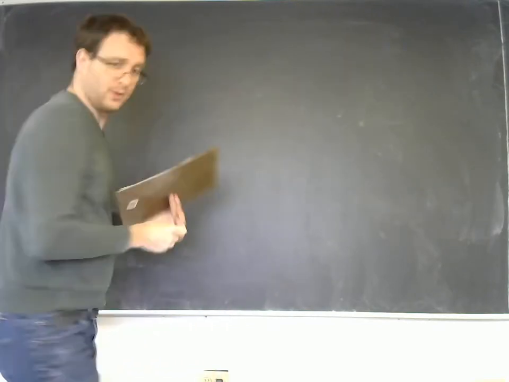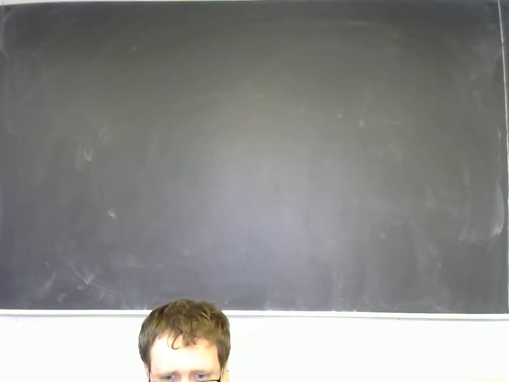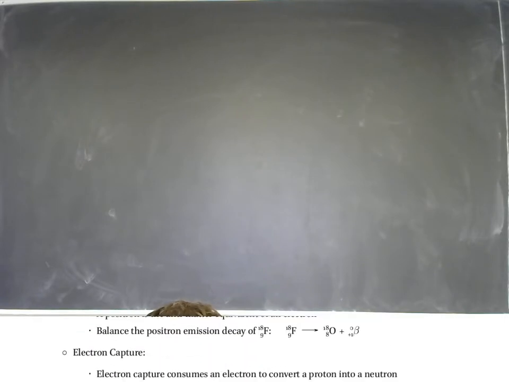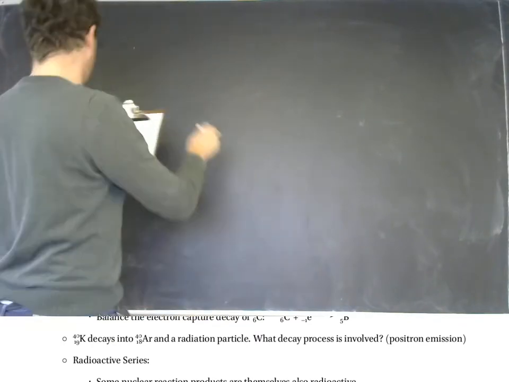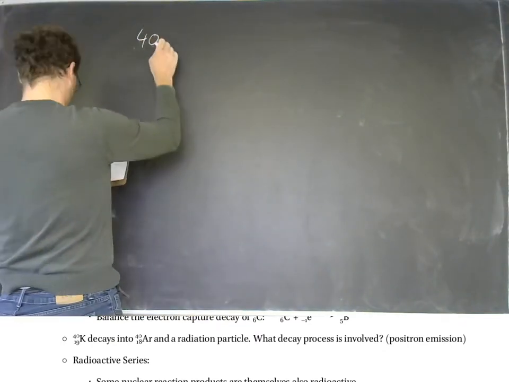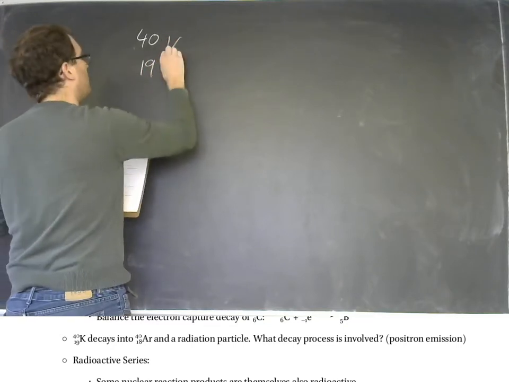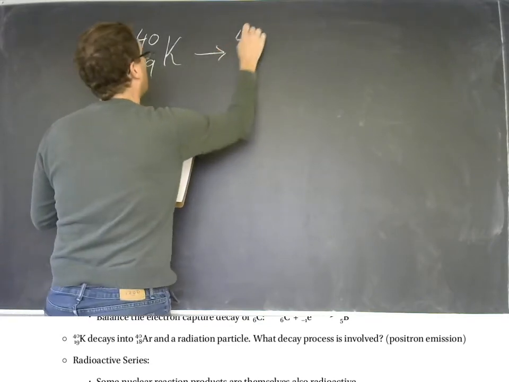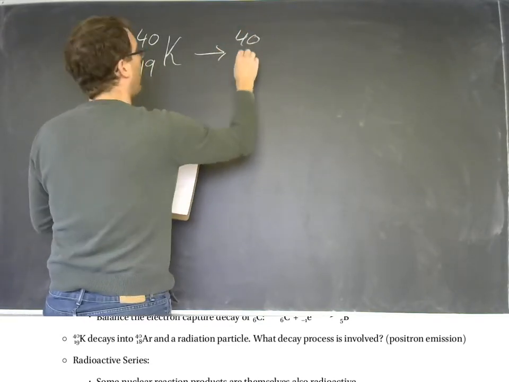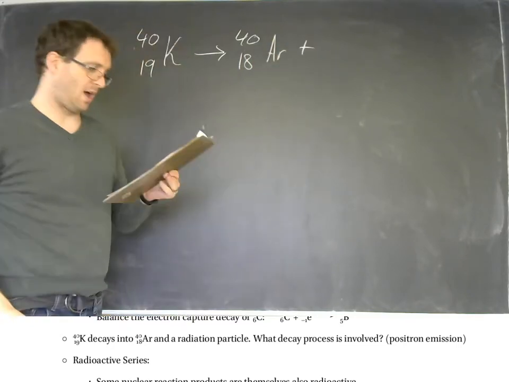So, let me really quickly give you another practice problem. There we are. Okay, so you can see it down there, potassium-40 (40,19) will decay into argon-40 (40,18) plus some radiation particle.